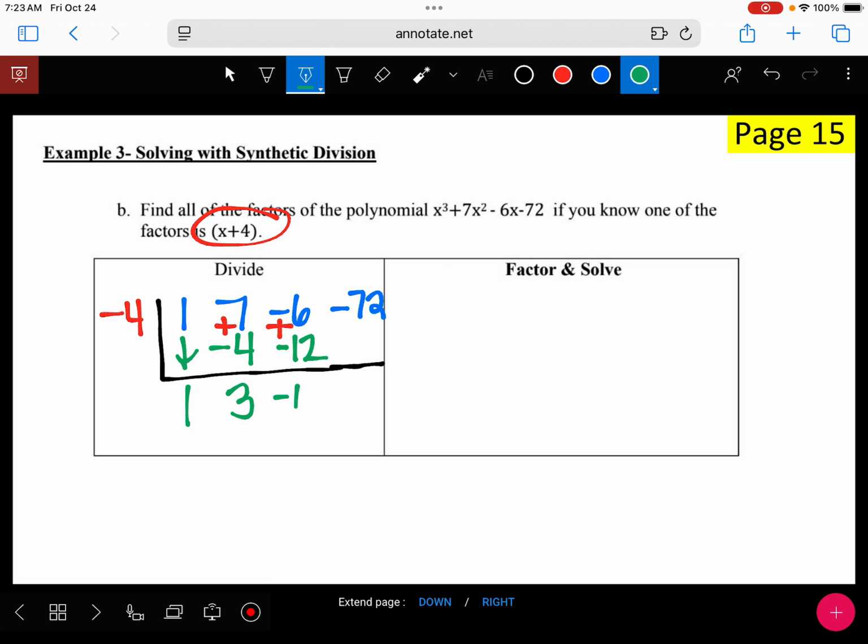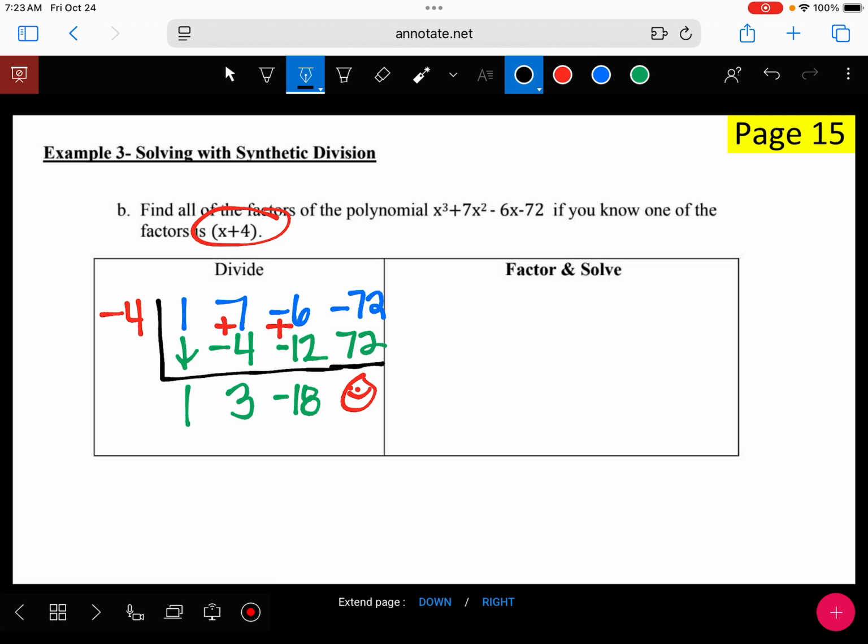And then my last step is to take this -18 and multiply it by -4. And hopefully we get a positive 72. If we get a positive 72, that means we did it right. So did we get positive 72? Yeah. All right. So we got our happy 0, which is what we're looking for.